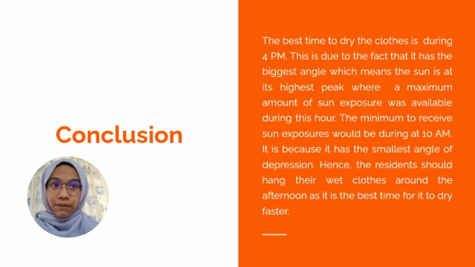However, the minimum sun exposure would be at 10 a.m. because it has the angle of depression, which is 39.49 degrees, solely because the sun was at its lowest and you will receive the minimum amount of sun exposure. Hence, the resident should hang their clothes around the afternoon, as it is the best time for it to dry faster.